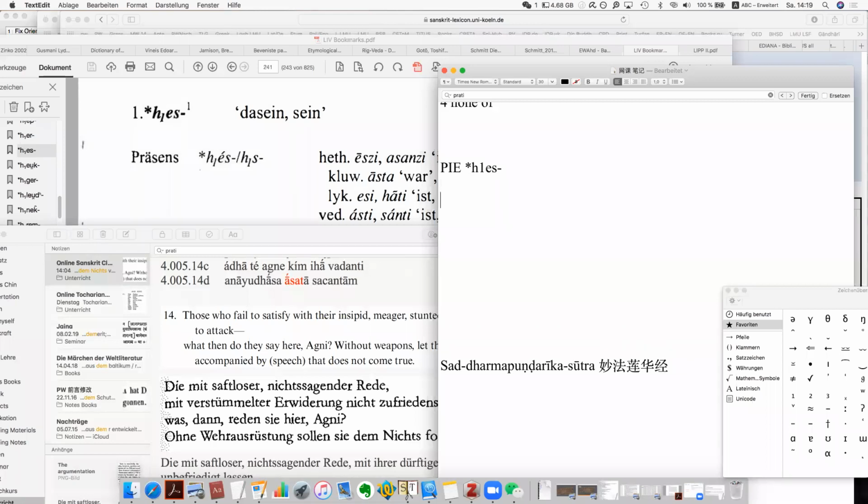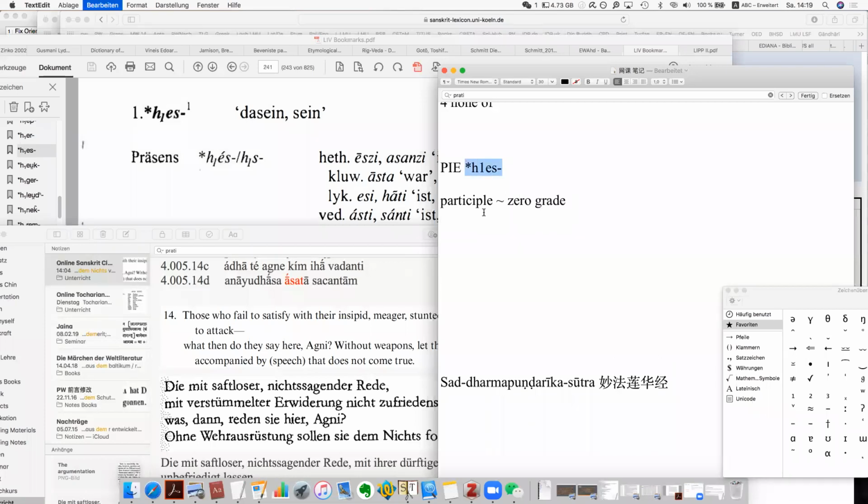And then in order to build a participle, we need to use a weak grade. Participle, 0 grade, yeah. And the 0 grade of this one, you just delete the s right here, and then you put a 0 grade, yeah. This is a 0 grade, yeah.